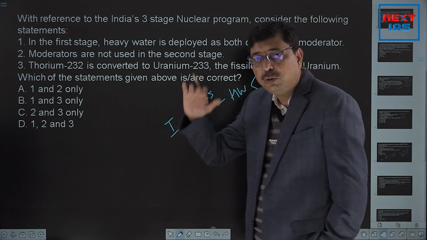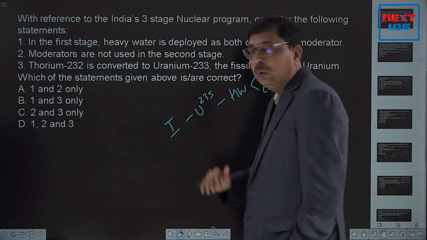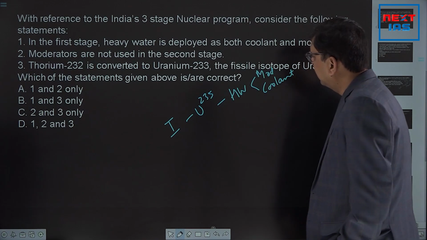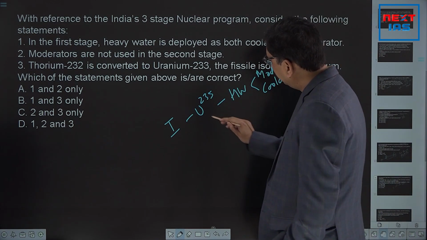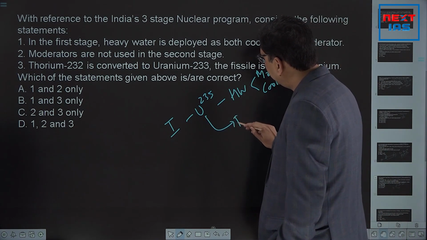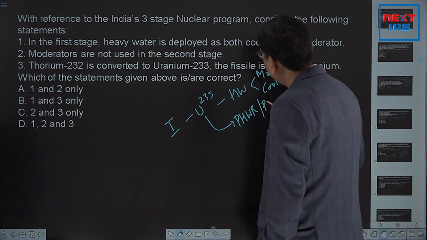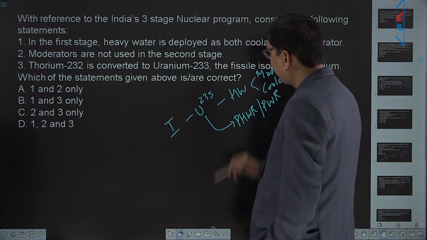Moderator means which slows down the neutron. Coolant is which brings down the temperature. The reactors in the first stage are basically pressurized heavy water reactor and pressurized water reactor.